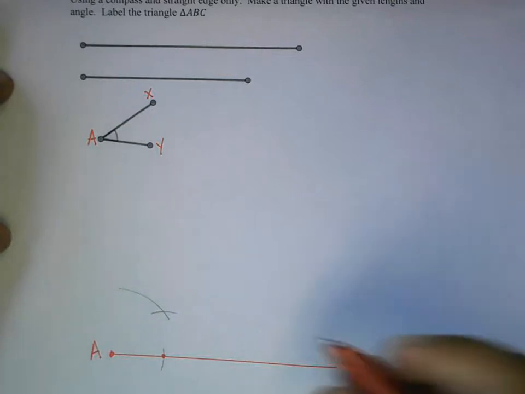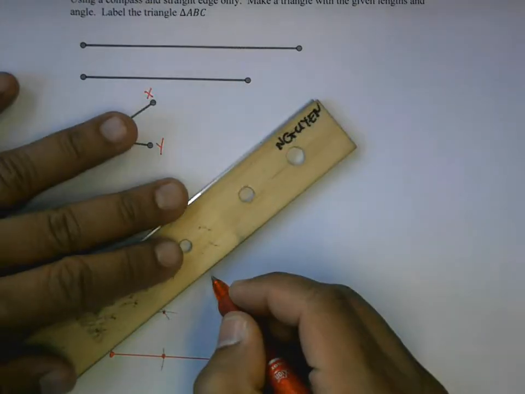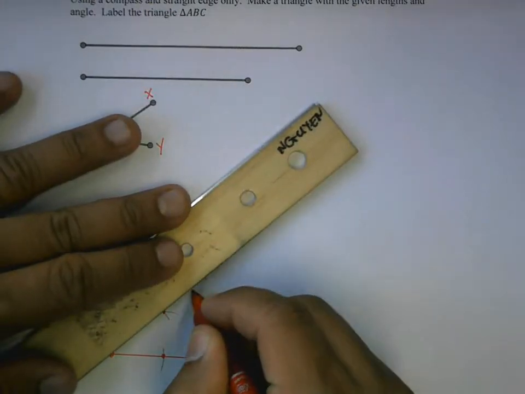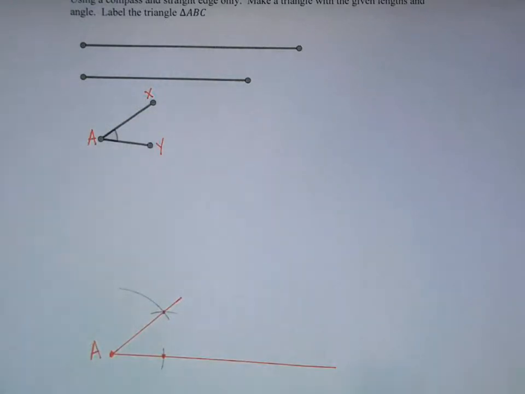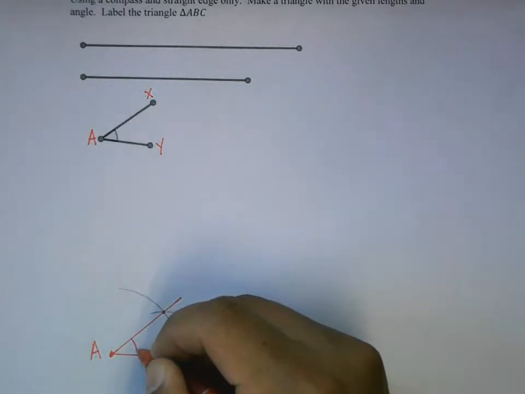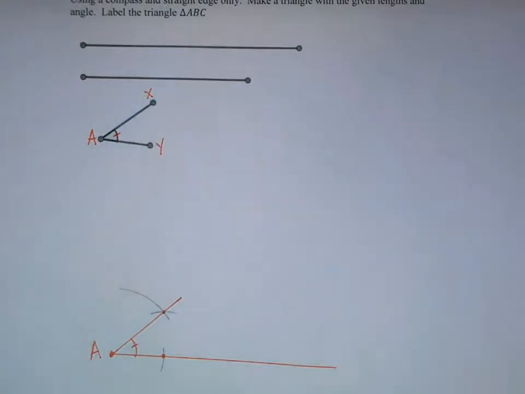So at that intersection is exactly where I am going to place point X. So now I know that this angle here is precisely congruent to this angle here because I constructed it that way. Now, the hardest part of this is over.